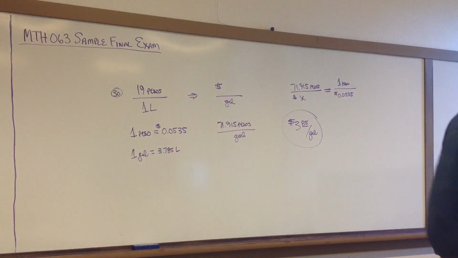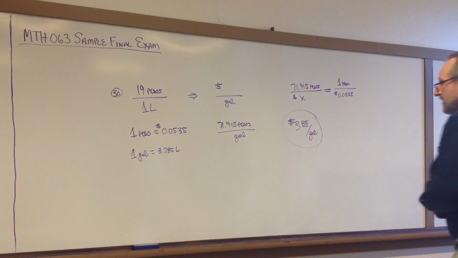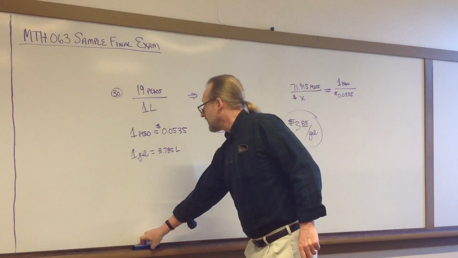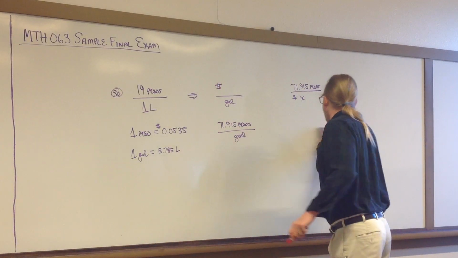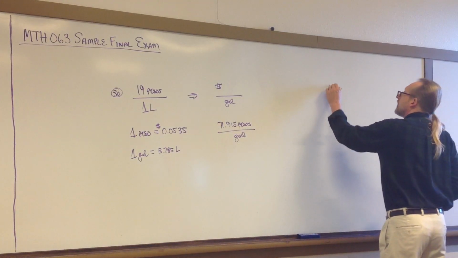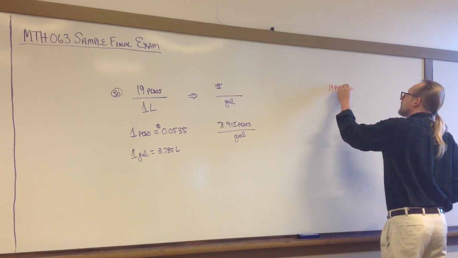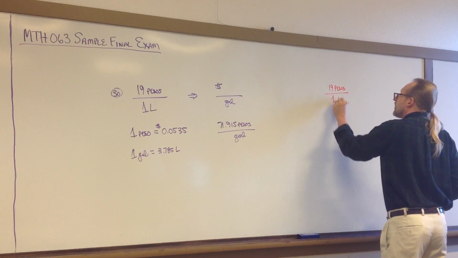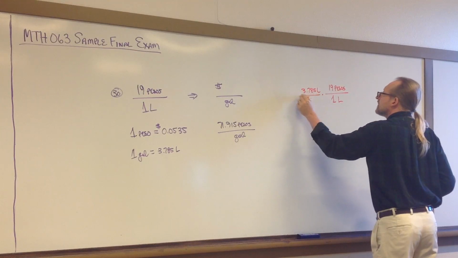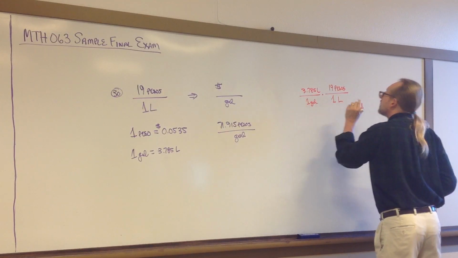All right. Now, if you want to do this by dimensional analysis, let's make some space here. So, 19 pesos for 1 liter. So, 3.785 liters to make a gallon.